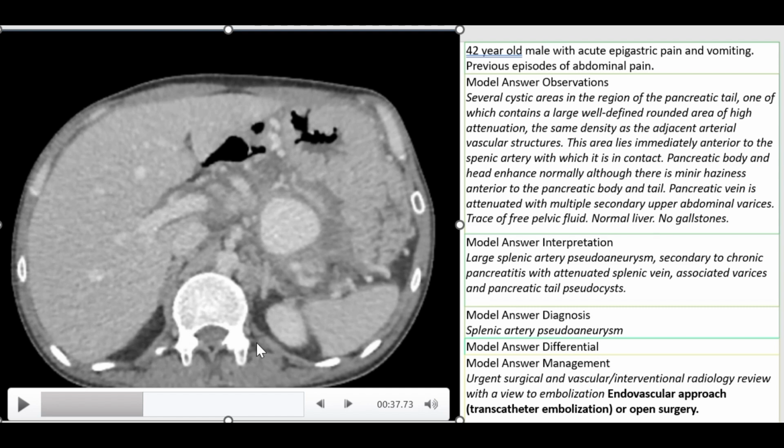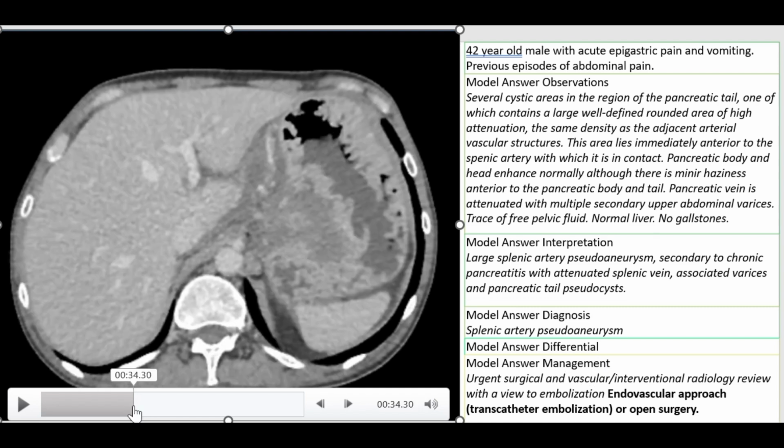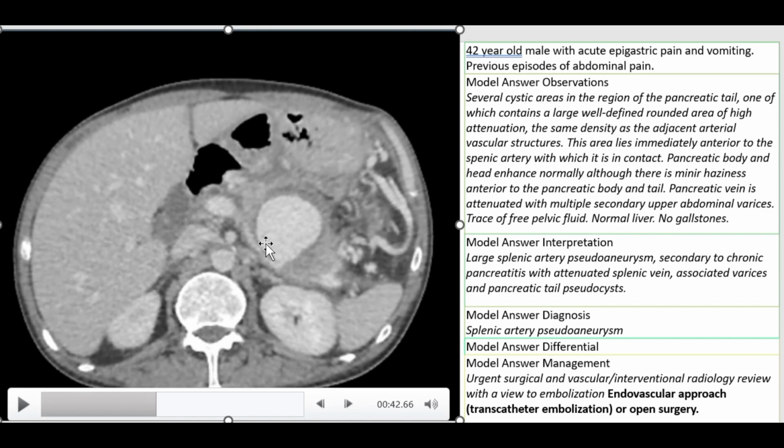The management here of the splenic artery pseudoaneurysm: this pseudoaneurysm could be treated by open surgery. So this patient may need urgent surgical referral. The pseudoaneurysm can also be treated by an endovascular approach with transcatheter embolization.